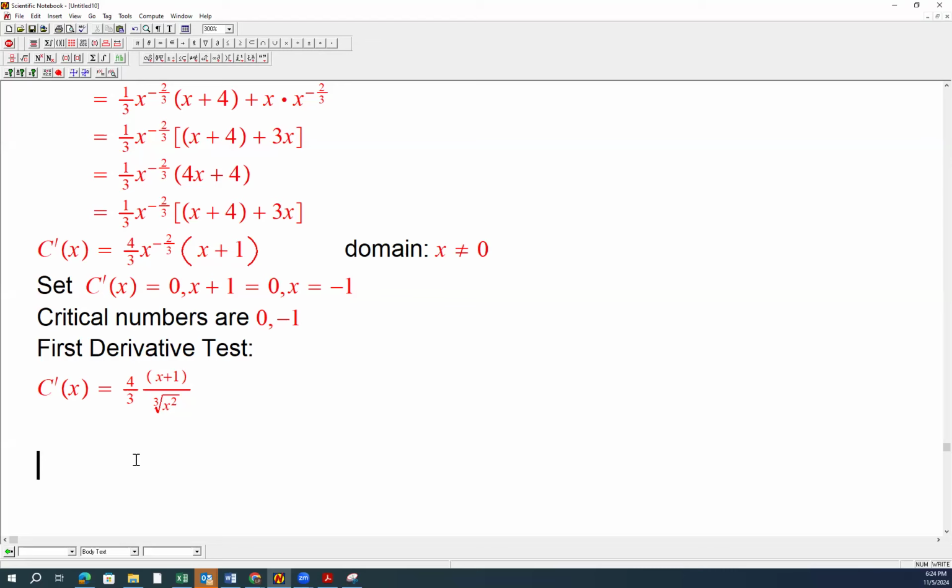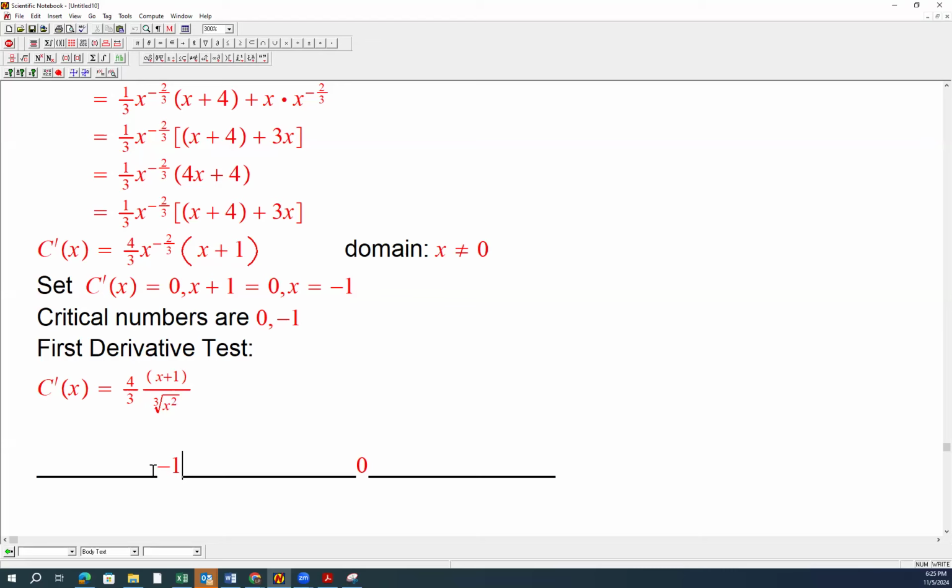All right, so let's look at the sign. This time we don't need to put it in pieces, we can just work with it. We have two critical numbers: 0 and -1. We basically have three intervals.